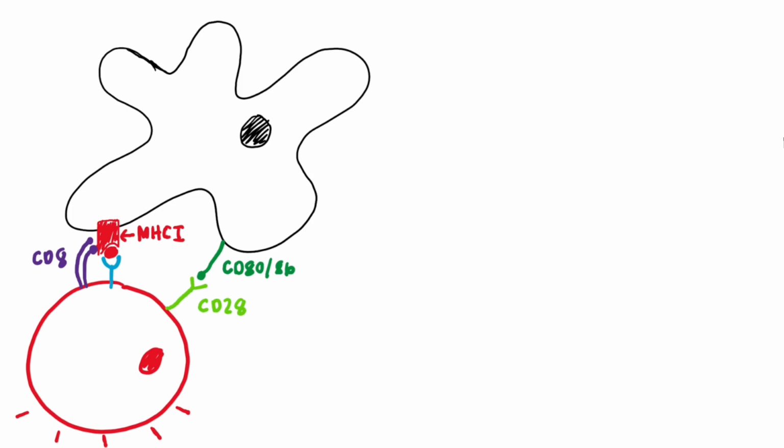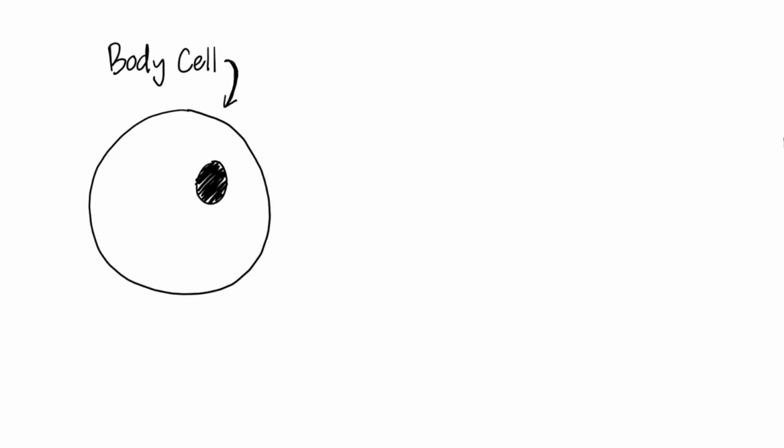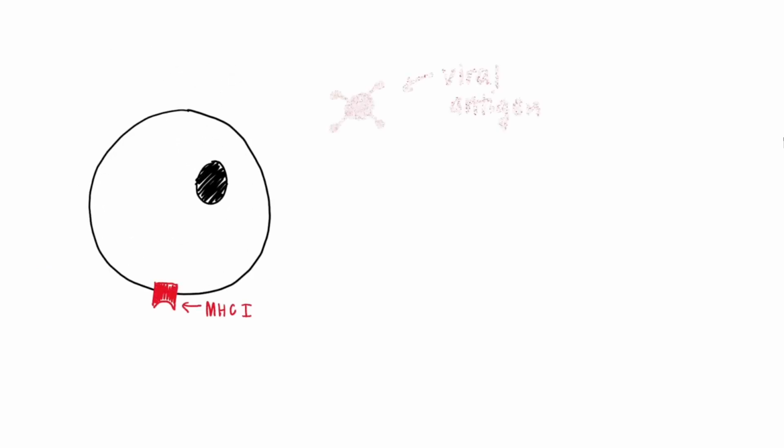Let's show how this is done. First, a body cell will come into contact with a virus because the virus attaches to the body cell and then injects its genome within the cytoplasmic membrane and into the cytoplasm of the cell.